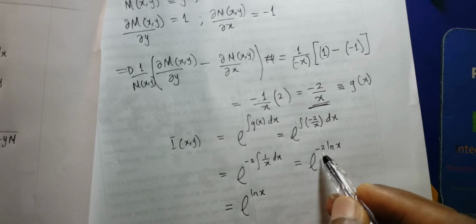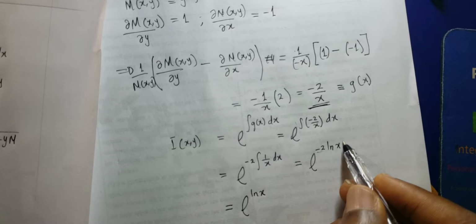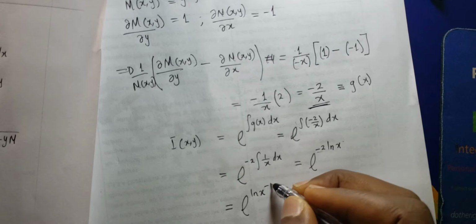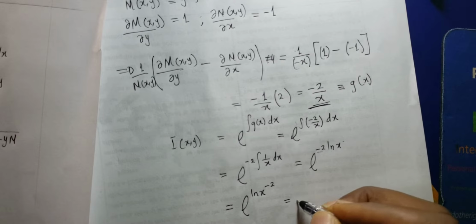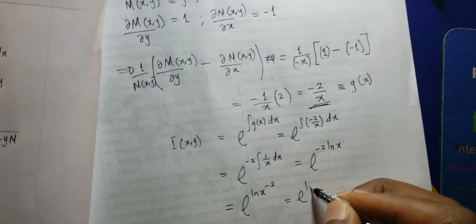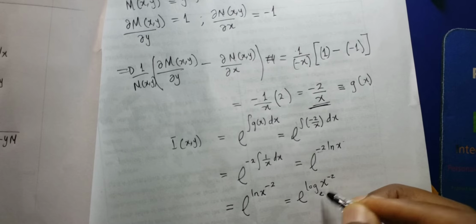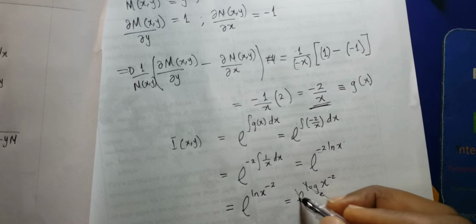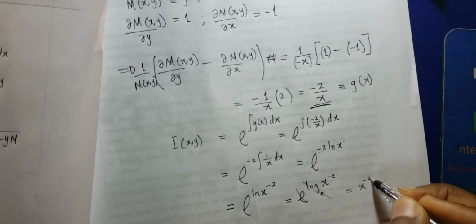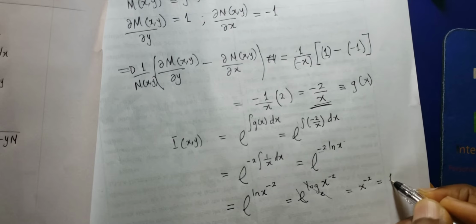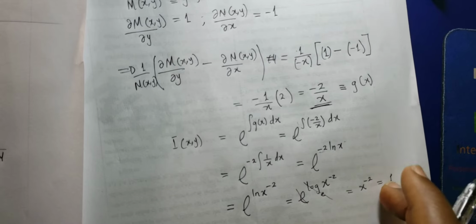When you have this as your coefficient, it can become a power. So this is going to be x raised to the power minus 2, e raised to the power log x to the power minus 2 to base e. We cancel the log here. So this is just going to be x raised to the power minus 2, or if you like, 1 over x squared. All right, so that is our integrating factor.